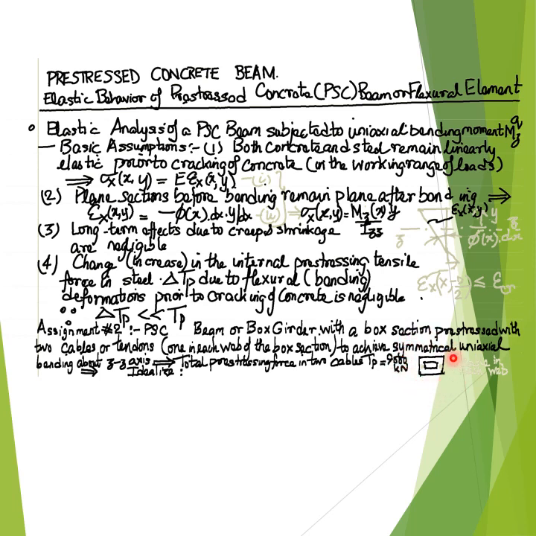and the equivalent cross-sectional area of the box section that may be assigned to the idealized equivalent rectangular section for purposes of elastic analysis of the pre-stressed concrete box girder is simply calculated as the area of the outer rectangle minus the area of the inner rectangle corresponding to the hollow part of the box section.